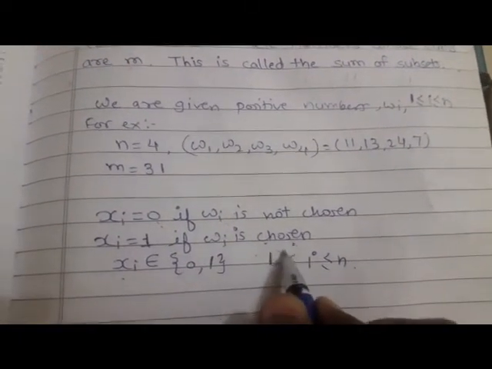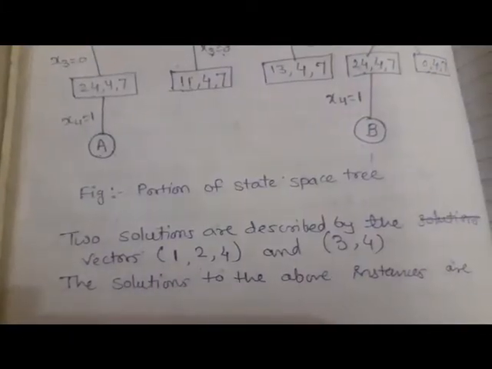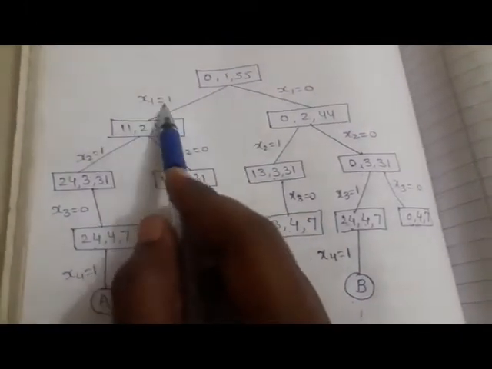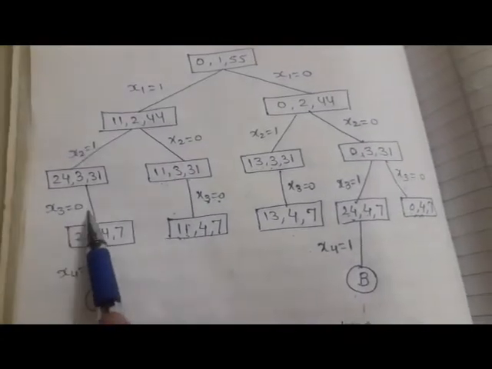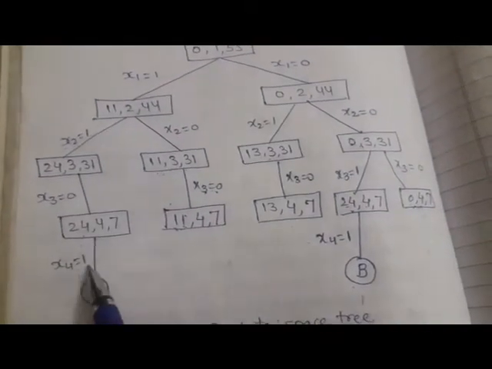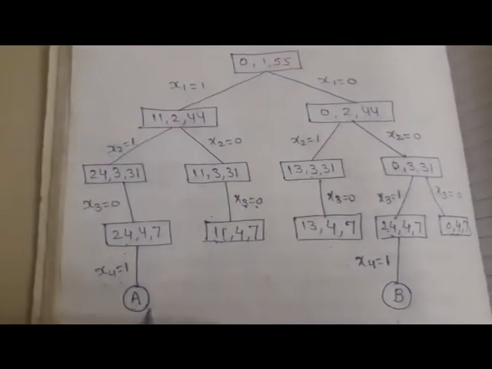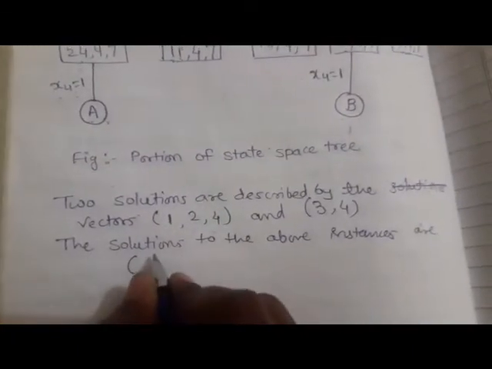According to this, for the first solution, the value of x1 is 1, the value of x2 is 1, the value of x3 is 0, and the value of x4 is 1. And then we got the solution. So the solution can be 1, 1, 0, 1 as the values of xi.